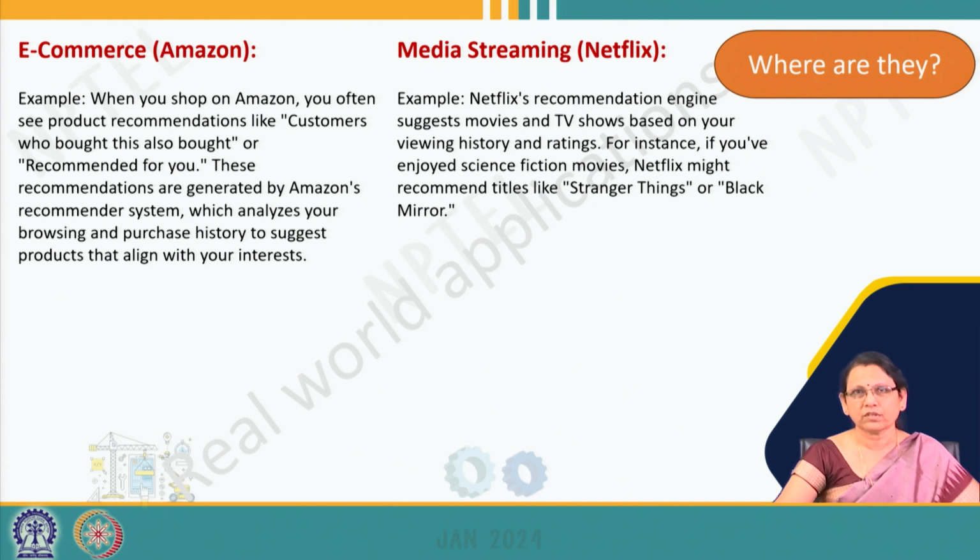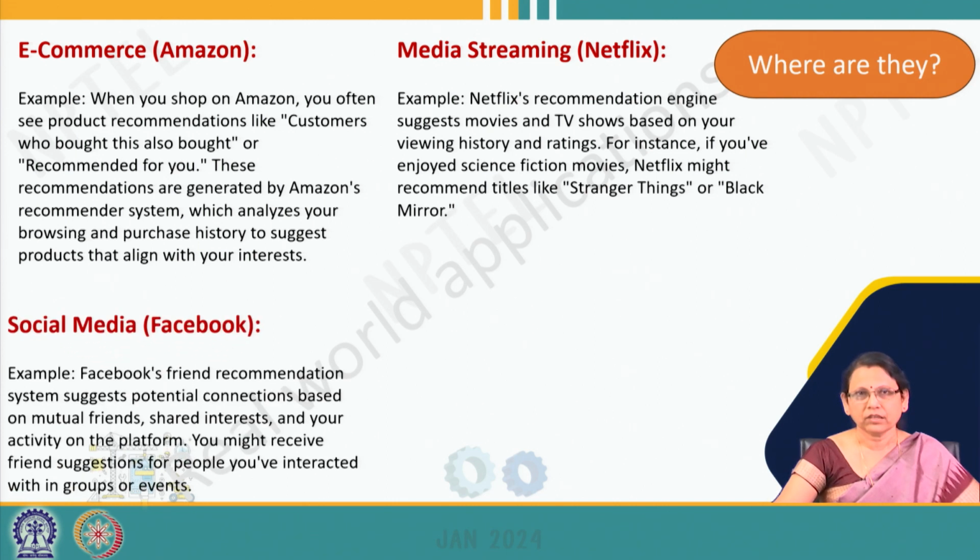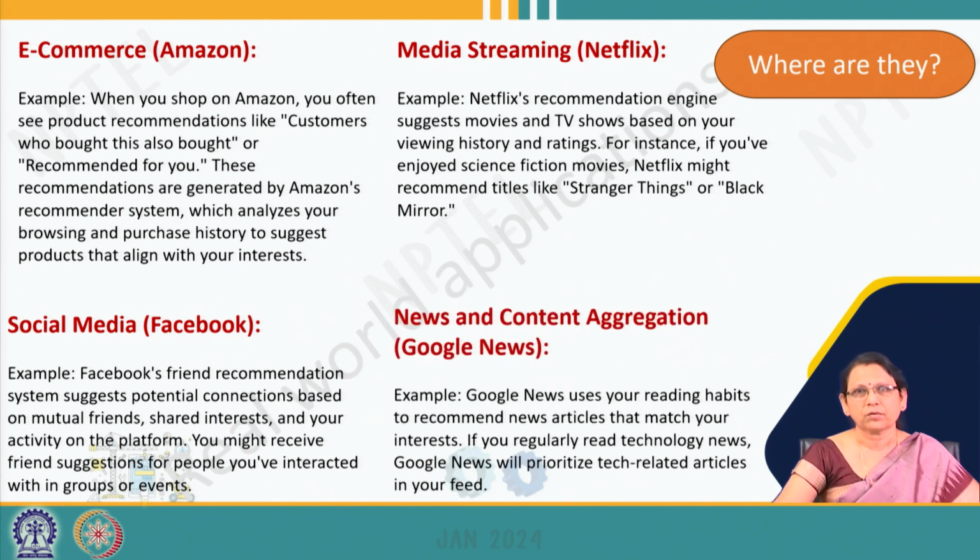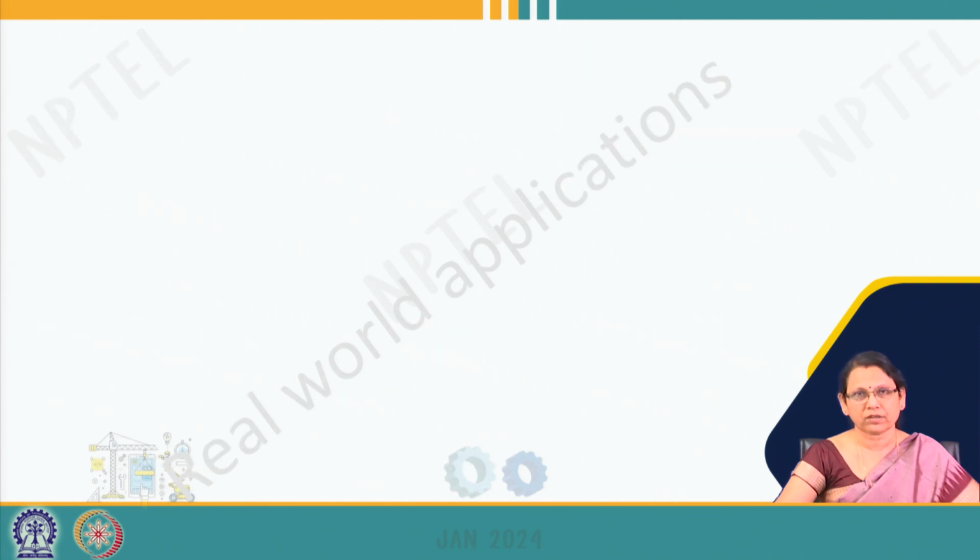Second application is media streaming. Example is of course Netflix. Third could be social media like Facebook. Here we get friend recommendations, certain targeted advertisements and so on. Then Google News. When we open Google News, we also have personalized news recommendations based on what news we have seen in the recent past.